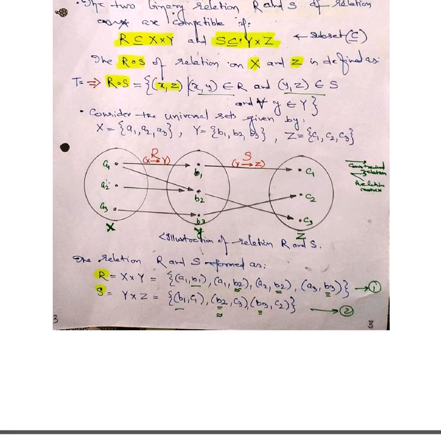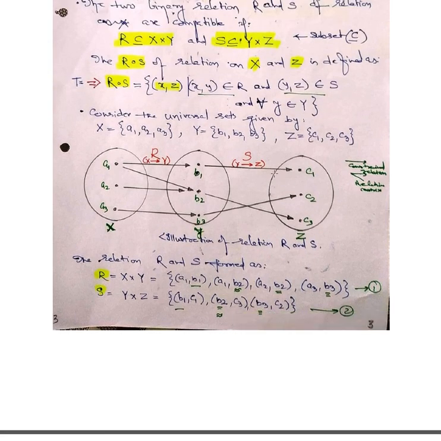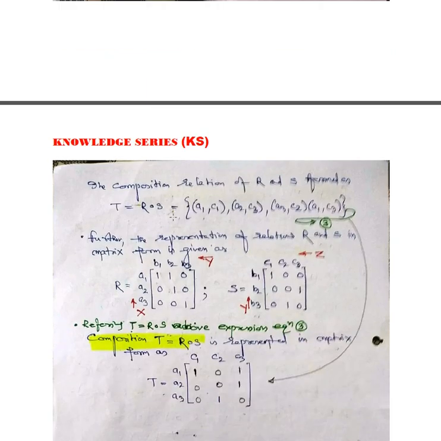A1 to B1 to C1, A1 to B2 to C3, A3 to B3 to C3, and A2 to B2 to C3. That is how we are representing it. Now, in this case, you will be having 4 values: 1 value, 2 value, 3 value, and 4 value. That is what you see here, our composition.